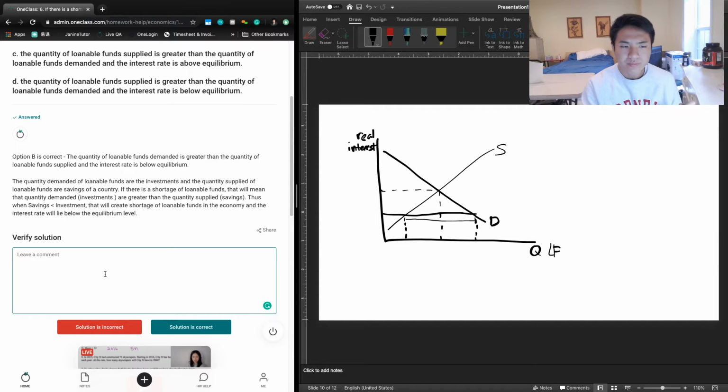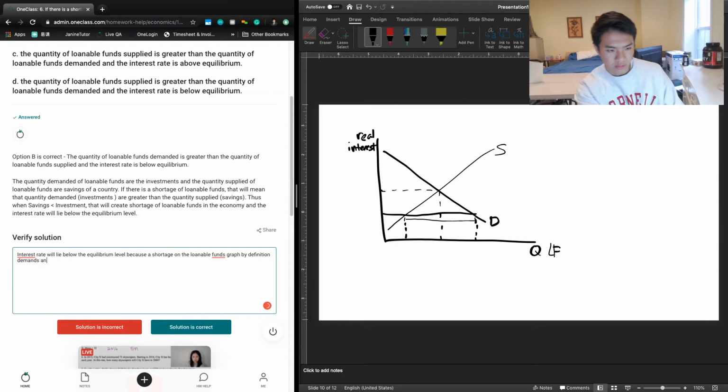And so the interest rate will lie below the equilibrium level because a shortage on the loanable funds graph by definition demands a real interest rate less than the equilibrium.